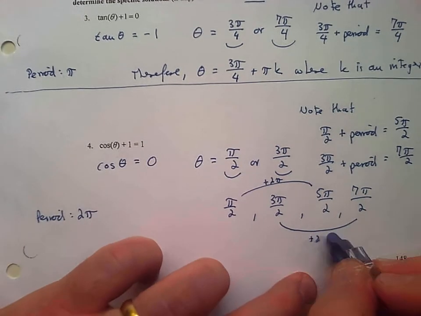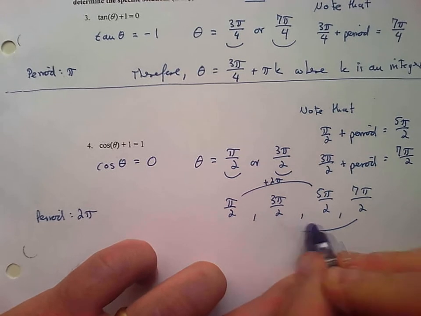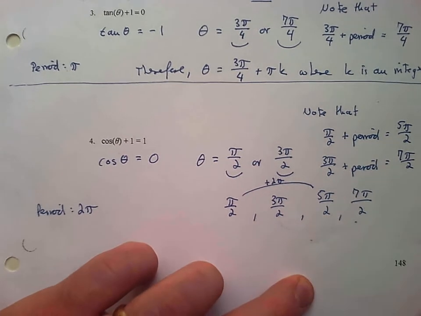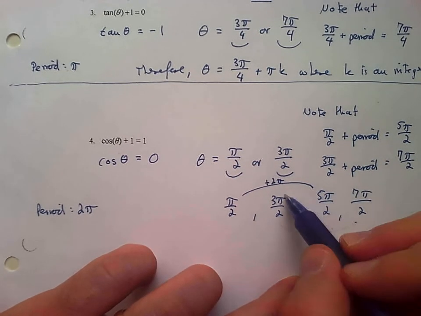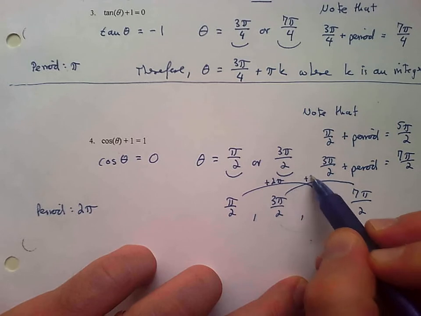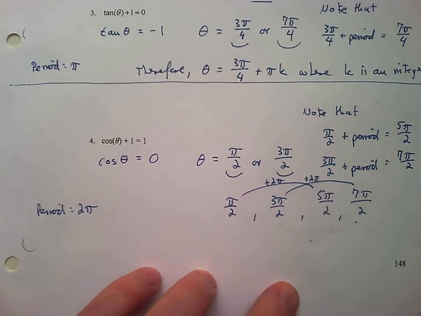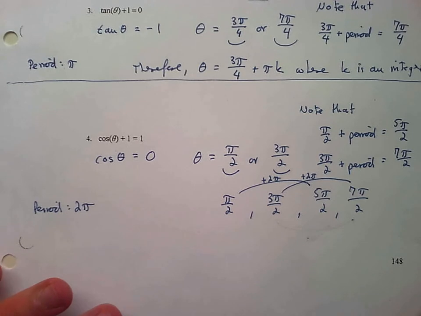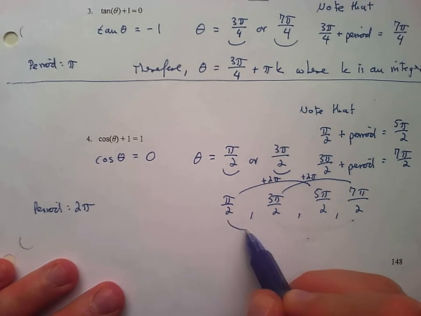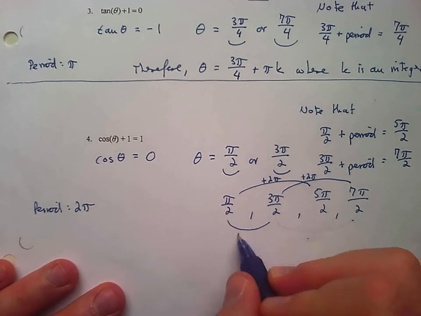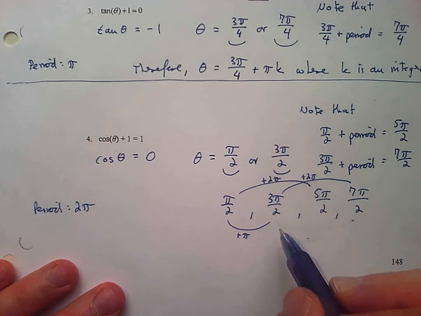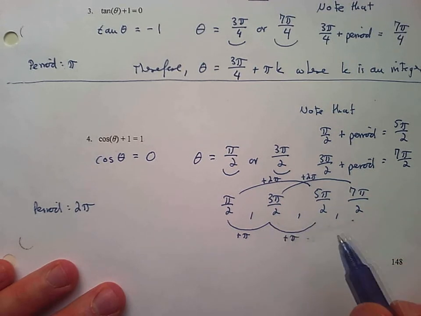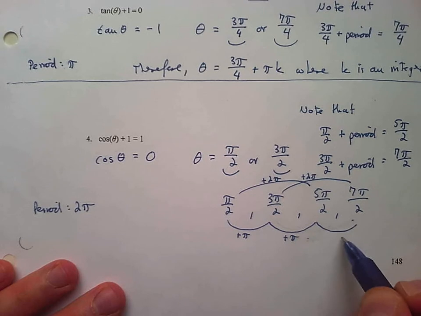Let me write this a little bit differently. We got to this 7 pi over 2 by adding 2 pi to it. All of these are solutions. But what do we see here? To go from our first solution to our second solution, we're adding pi. To go from our second solution to our third solution, we're also adding pi. To go from our third solution to our fourth solution, here we're also adding pi.